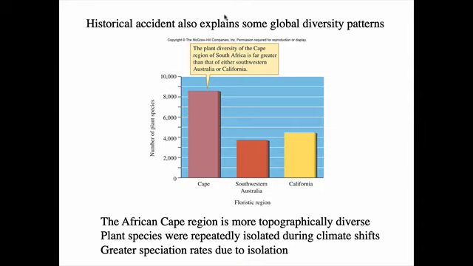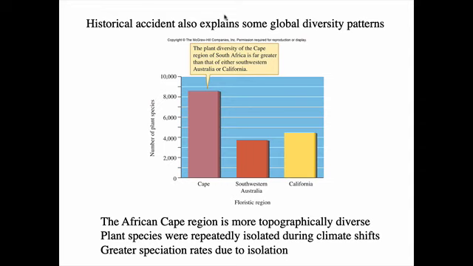Okay, and we've had these climate changes that have altered climate in the Cape more than they've altered climate in Southwestern Australia or California. So there have been more biological crises, more opportunities for speciation in South Africa.